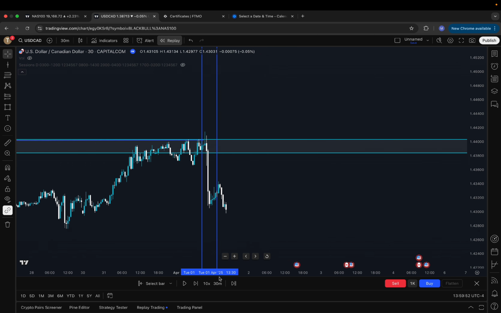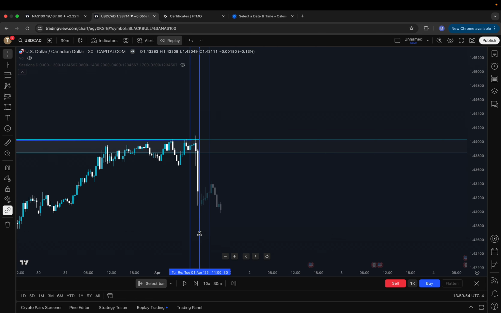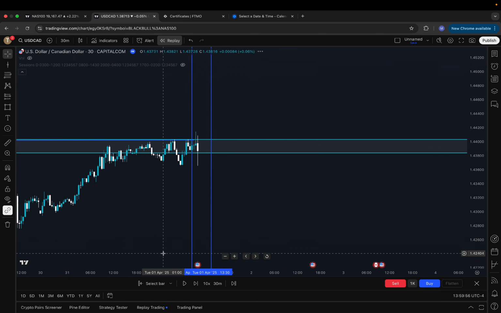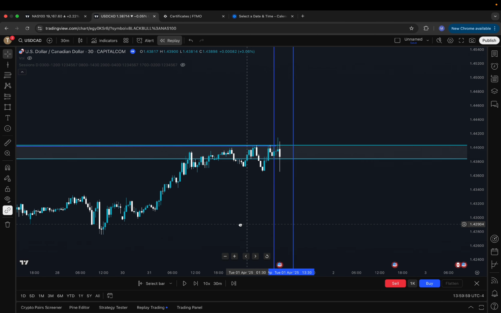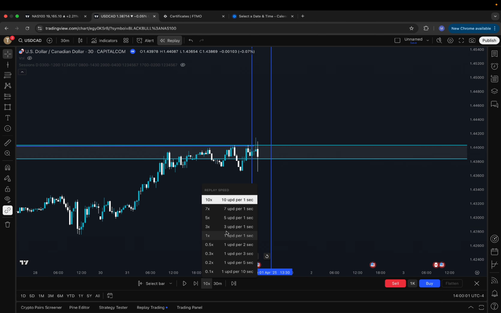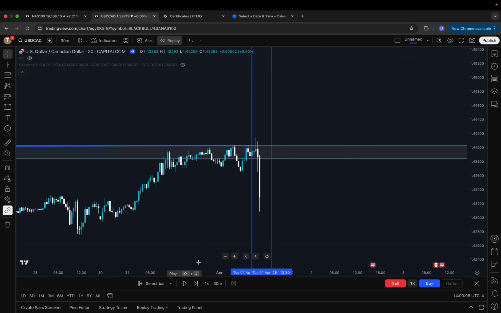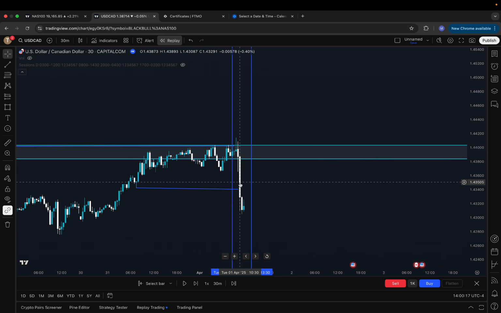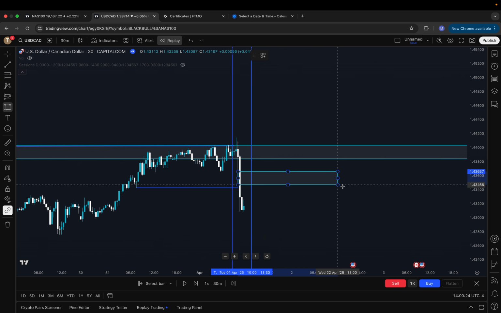So I'm just going to replay the chart to the point where we want it. So you can see we have our market structure shift right here. And from that market structure shift, it leaves a fair value gap, which we mark out right here.